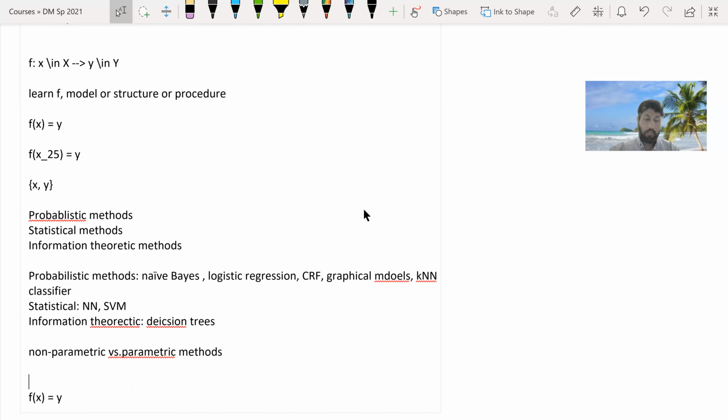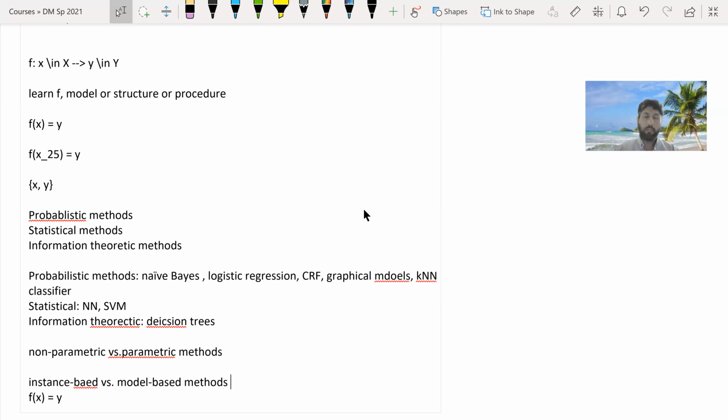So another categorization that is done is sometimes called instance-based versus model-based methods. Model-based methods usually build an elaborate model from the training data, and they have distinct training and test or prediction phases.